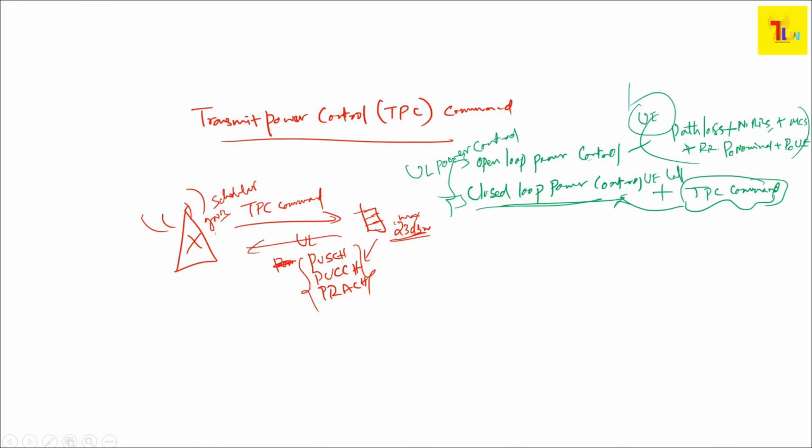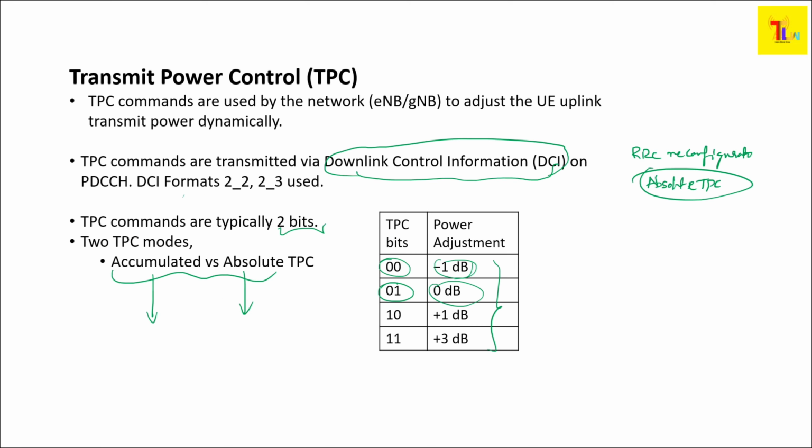We discussed the open loop power control information, like the number of RBs, P0 nominal, P0 UE or MCS. All this information will be received from the RRC reconfiguration message, which is sent by the eNodeB to the UE. So with the help of all this information, the UE can estimate what the power is, apply the TPC command bits information to the power, adjust accordingly, and send the data in the uplink.